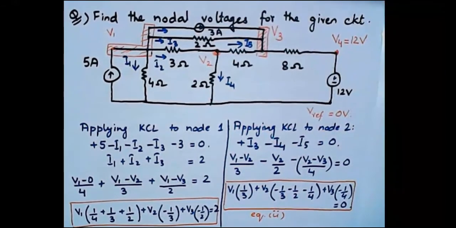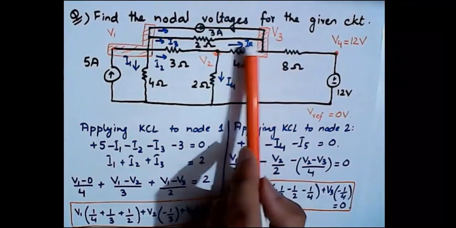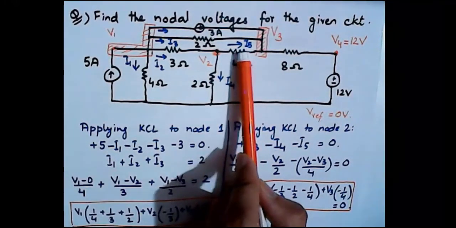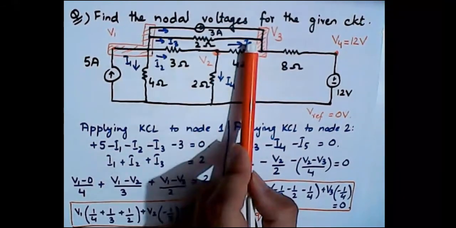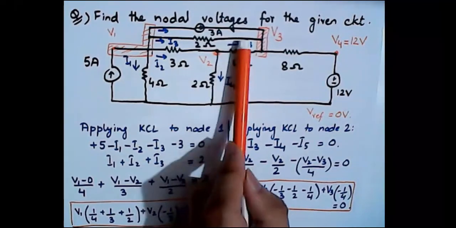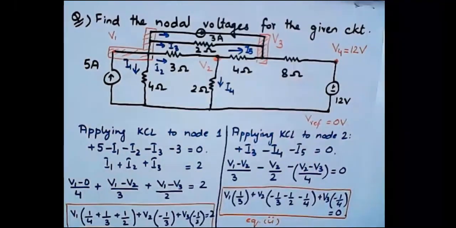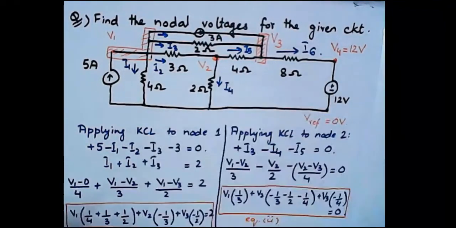And now we will be moving towards the third node, and when we apply KCL to the third node, here you can see that current I5 is entering the node, current I3 is also entering the node, 3 ampere is also entering the node. That means 3 plus I3 plus I5, and how much is the leaving current? Let's name it as I6. Fine.